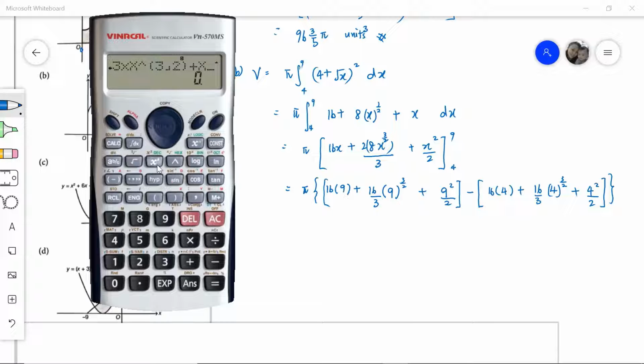Set the formula in the calculator. Now we put in 9, the upper boundary. We got 328.5.